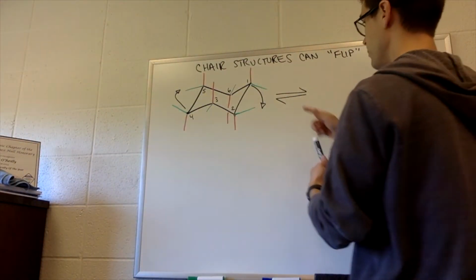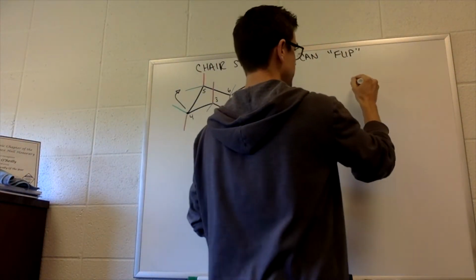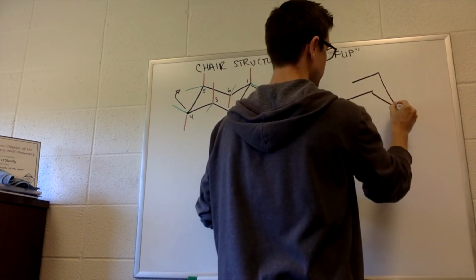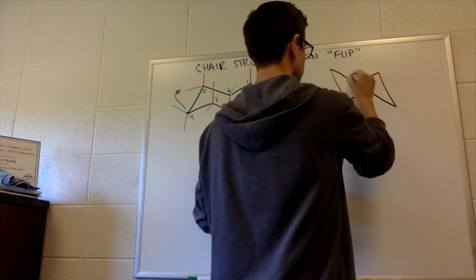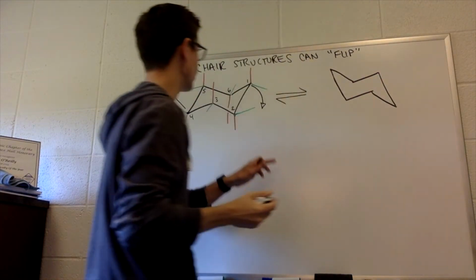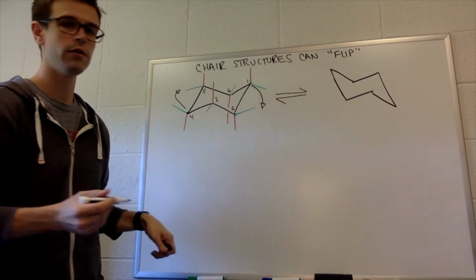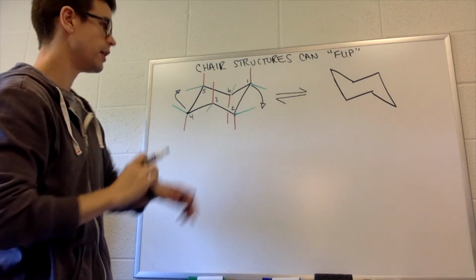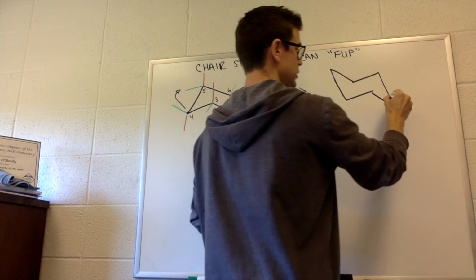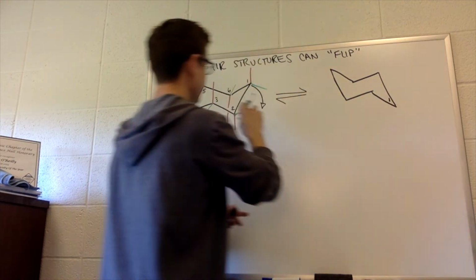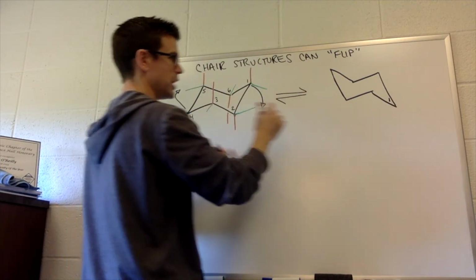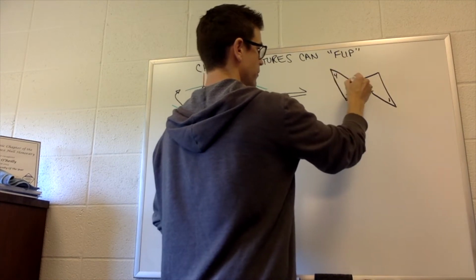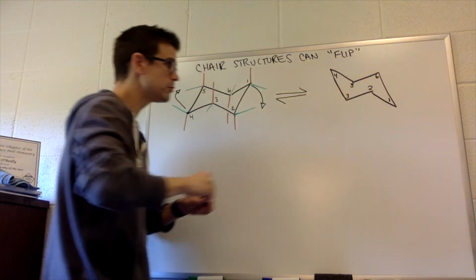So when that flipped down, I'm going to draw my chair out. So corner 1 flipped down. So instead of it being up here, it's now down there. So this is position 1 here. And as that flipped down, we're changing our perspective a little. This is 2, 3, 4, 5, and 6.